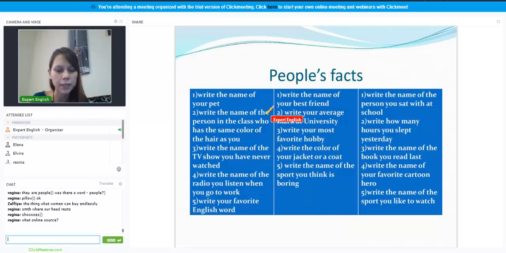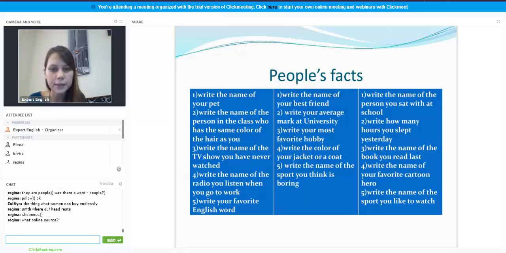They have to write down just the name of the pet or the name of the person in the card who has the same color of hair as you. They write it on the blackboard, and the other students should guess. They should ask questions and try to guess what, for example, this Katie means, and probably they will need some time to understand that Kate is the word which this or that person pronounces most often.